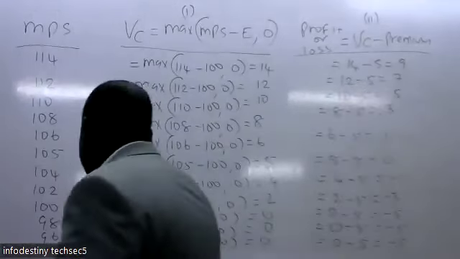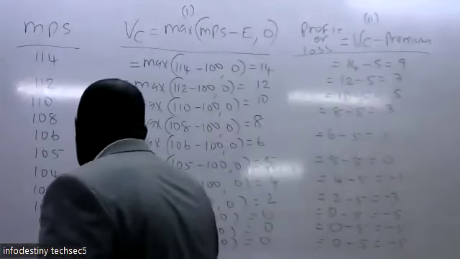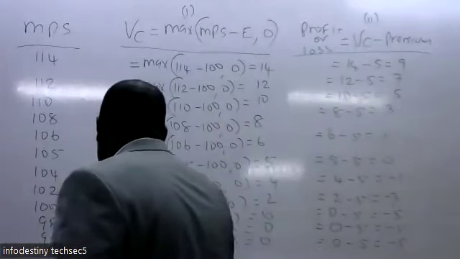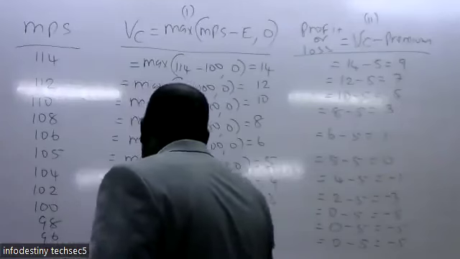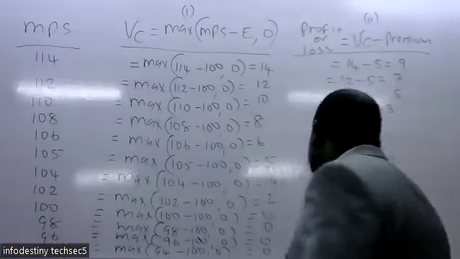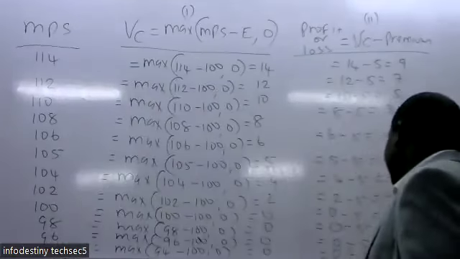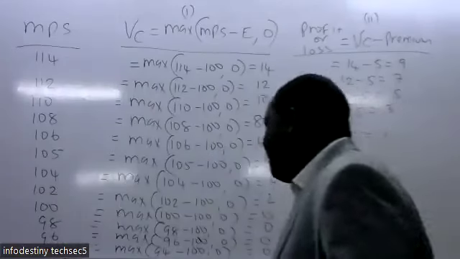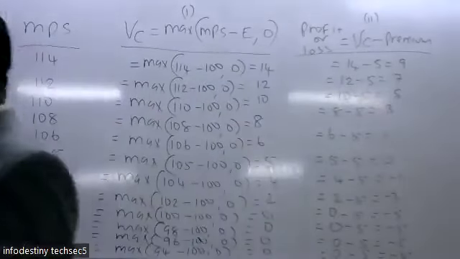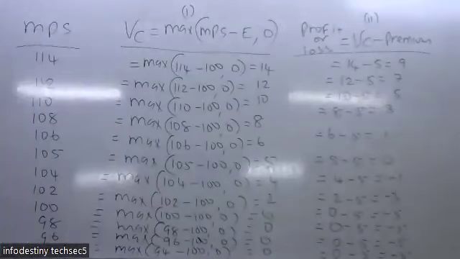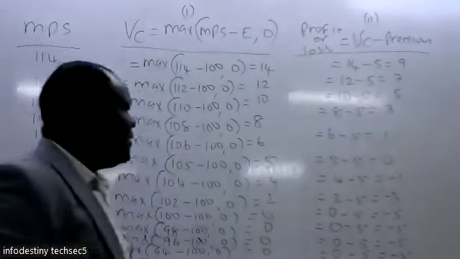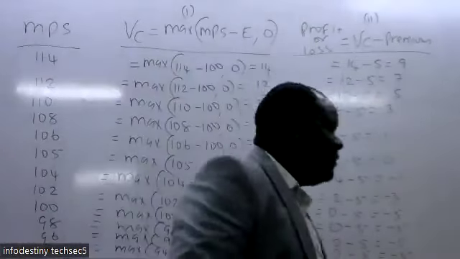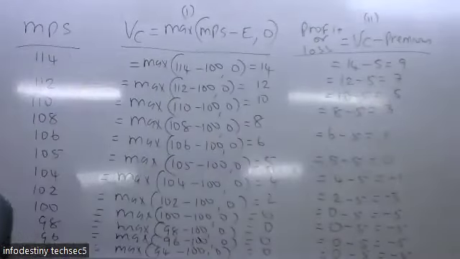So also this one, we have 94 minus 100. So anything that is negative, make it a 0. So that was Roman letter 1 and Roman letter 2. So this information is for the Roman letter 1. That now is for the Roman letter 2.